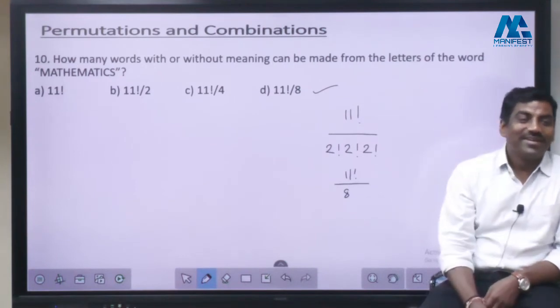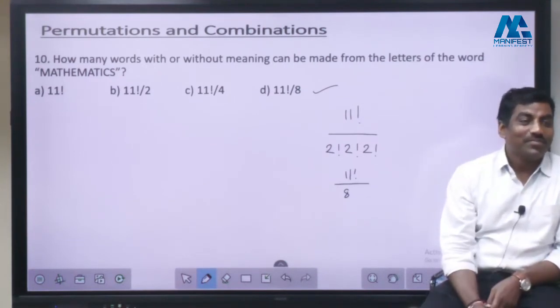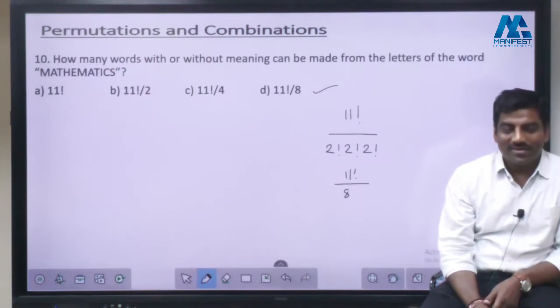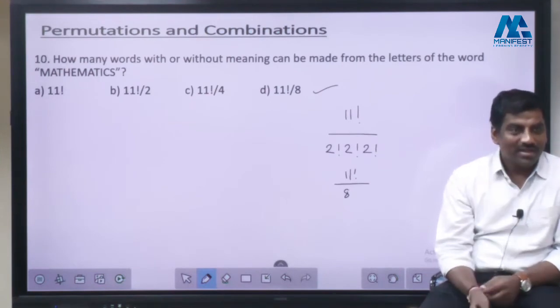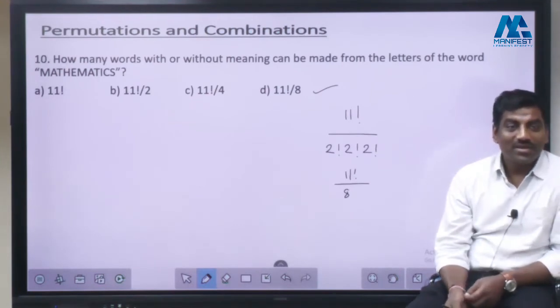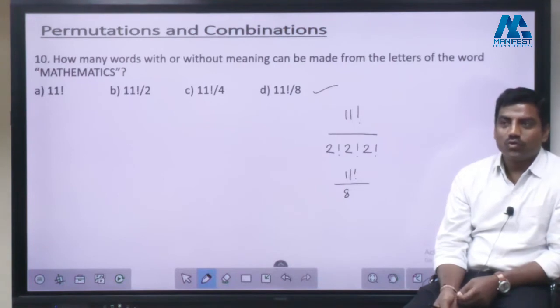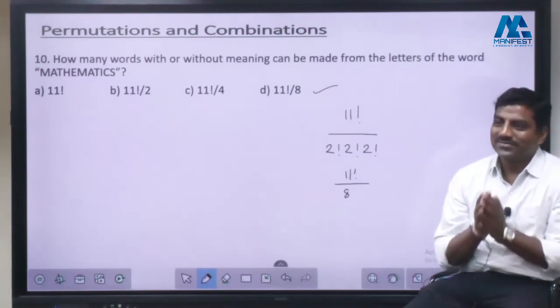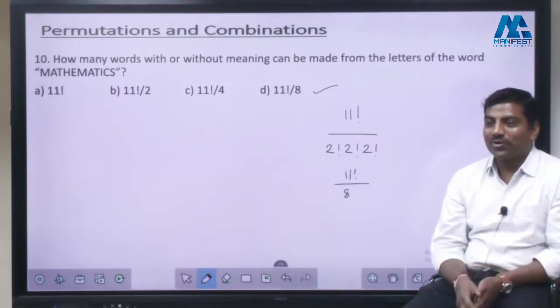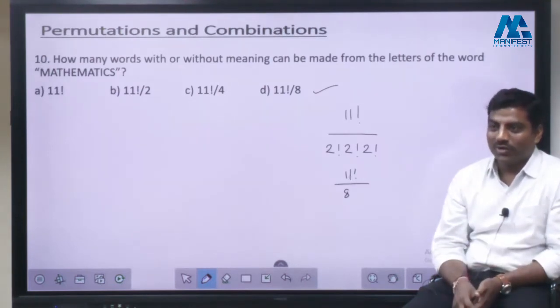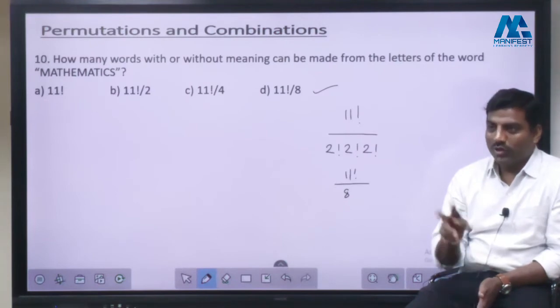Okay. Yours, Malan? 8 factorial divided by 3 factorial. A's are 3. Anusha? 6 by 2. 11 factorial divided by 2 factorial into 2 factorial. 2 into 2.